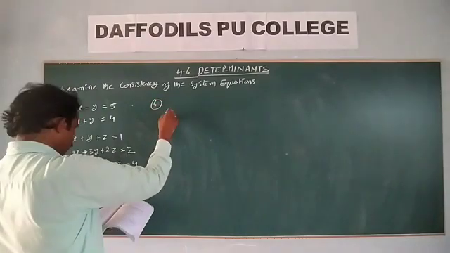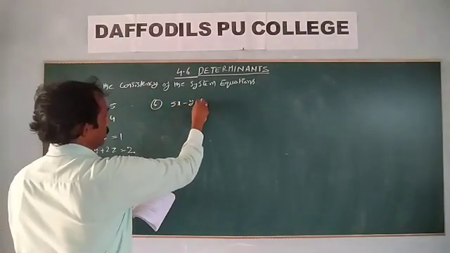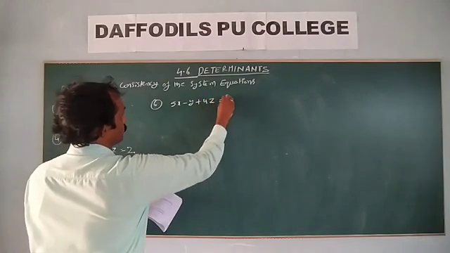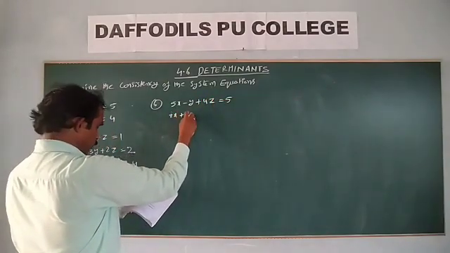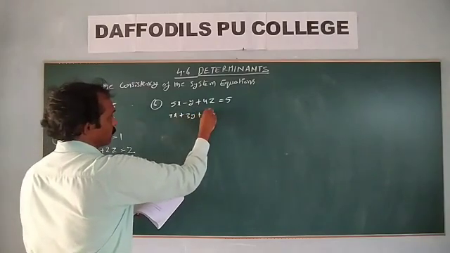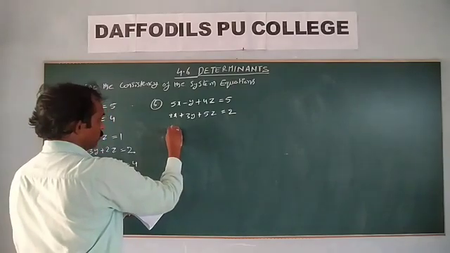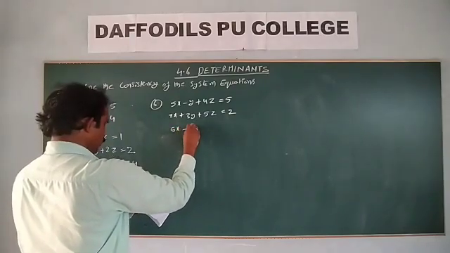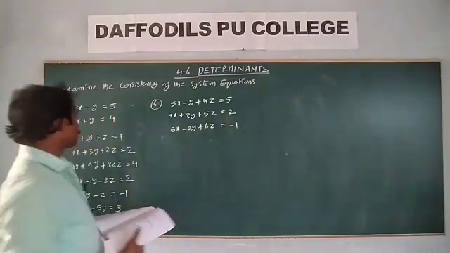Next, the sixth question: 5x minus y plus 4z is equal to 5, 2x plus 3y minus 5z is equal to 2, 5x minus 2y plus 6z is equal to minus 1.